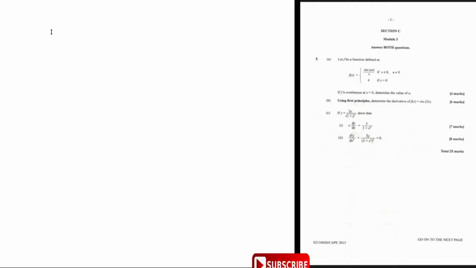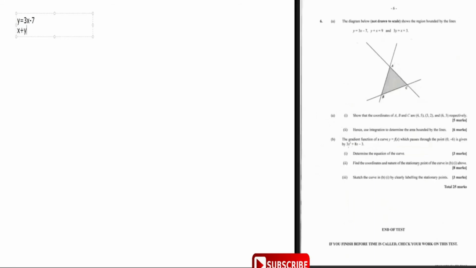Now before I even do this question, I noticed that I have equations of lines, and I just like when all of them are in standard form. It really annoys me when they're not in standard form, and I'm going to perform simultaneous equations. So y is 3x minus 7. The one that says x plus y is 9, if I make y the subject, y is equal to 9 minus x.